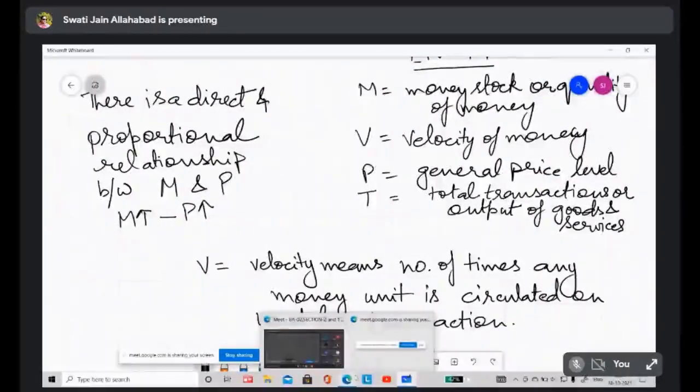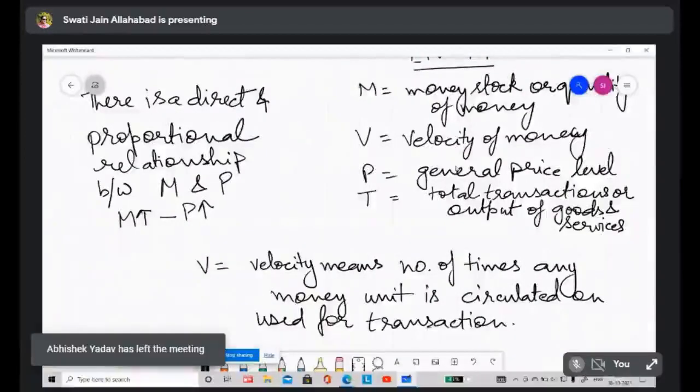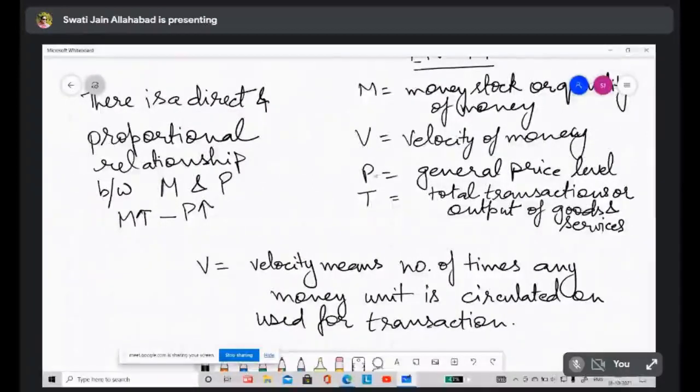So classical system believed that velocity remains constant. Every money unit is used for a given fixed number of times. So in this MV = PT equation, V and T remain constant. They are given. They do not change.